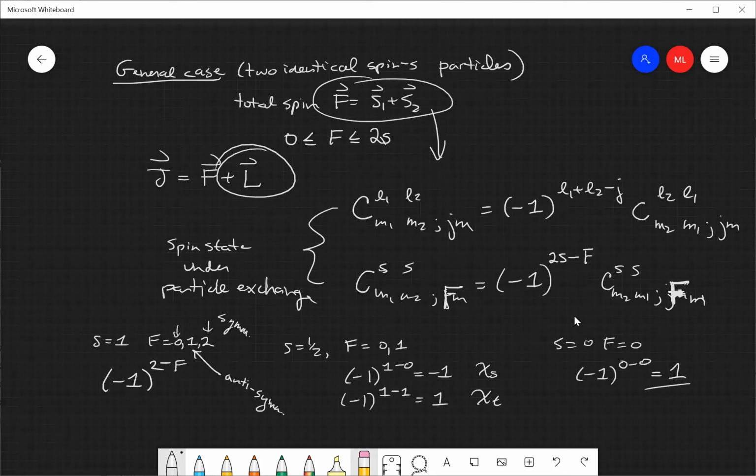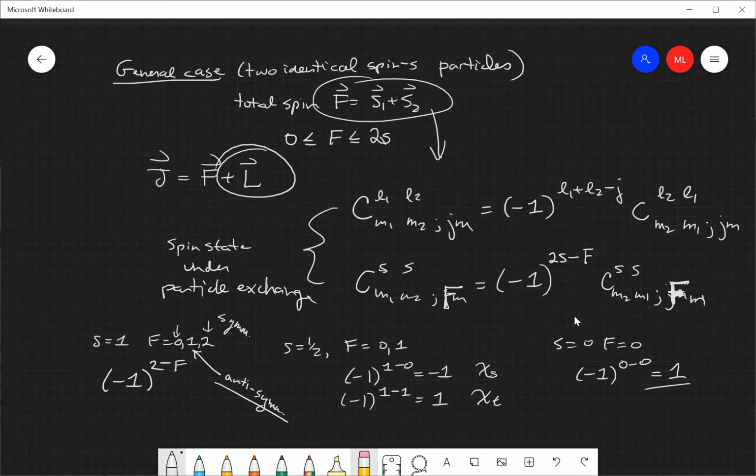So that means if you're in total spin state 1 for 2 spin 1 particles, then your spatial wave function must actually be anti-symmetric to cancel the anti-symmetry of the spin part. It's kind of weird, right? Just because you have 2 identical particles that are integer spin doesn't mean that the spatial portion of their wave function has to be symmetric.